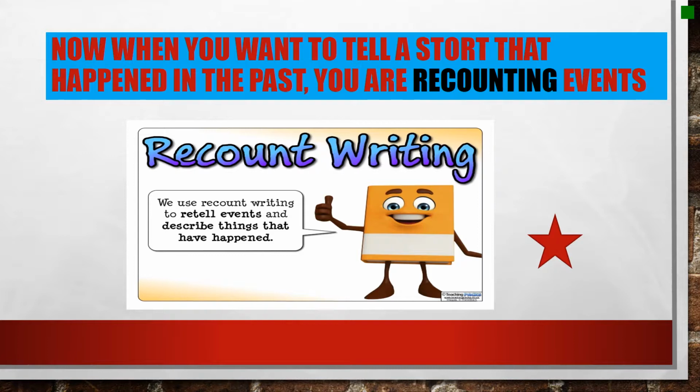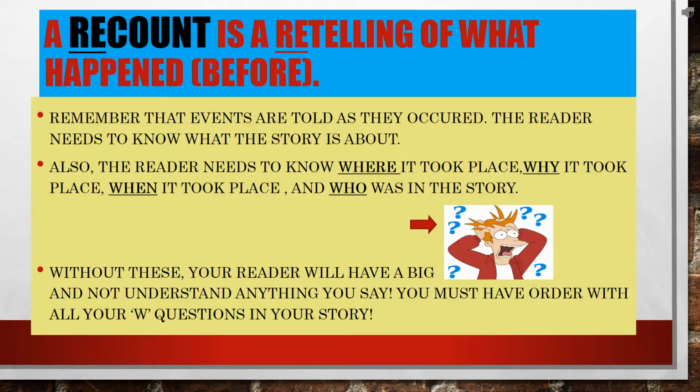When you are recounting things, you're telling the story that has just happened or happened in the past, whether it's 1 minute ago or it's yesterday or it was this past summer or it was last year. Those are examples of recounting. A recount is telling a story of what happened before.